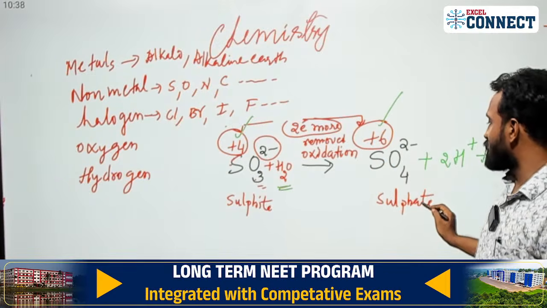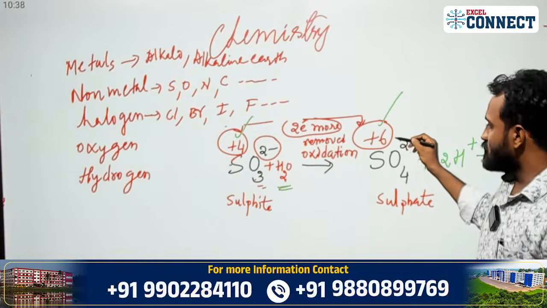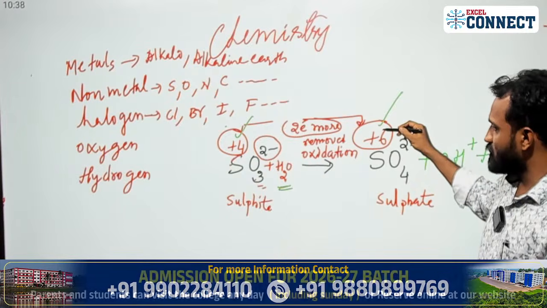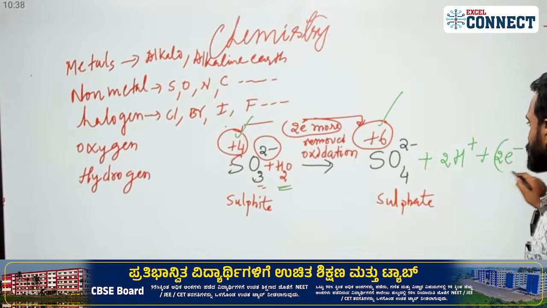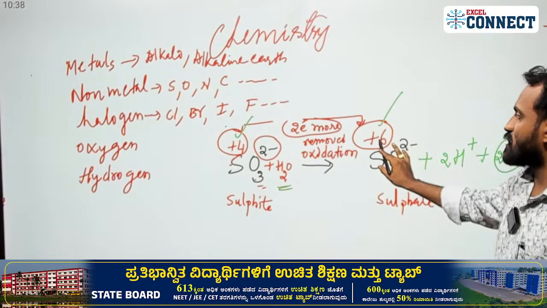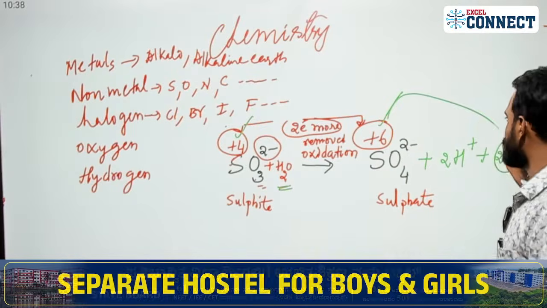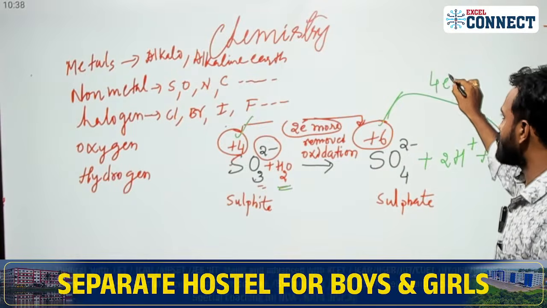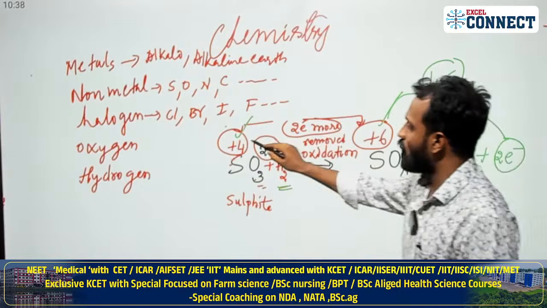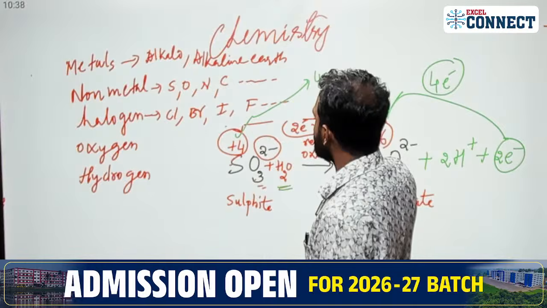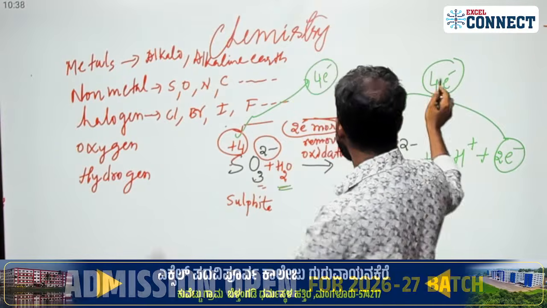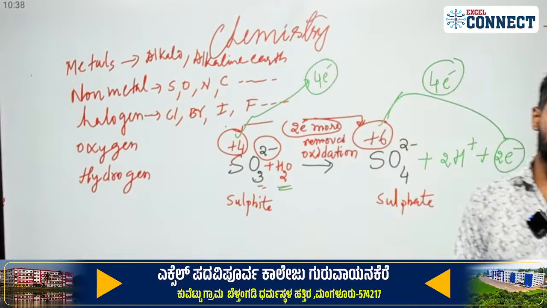So this is sulfate, this is sulfite. Here requirement is 6, here 4, but I'll give 2 electrons on this side. So after giving 2 electrons, their requirement is 4 electrons. Now here already 4 electron requirement is there. So I am not giving any electron for this side. Left hand and right hand side, now it is balanced.